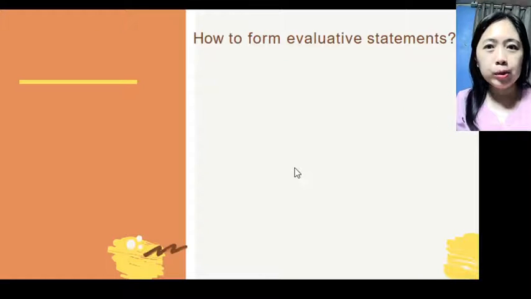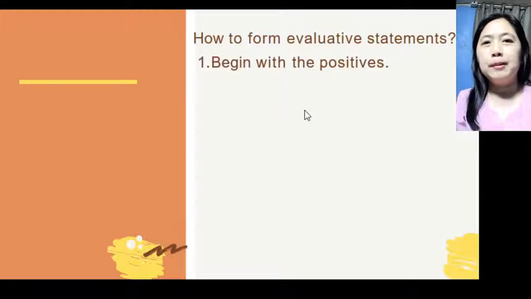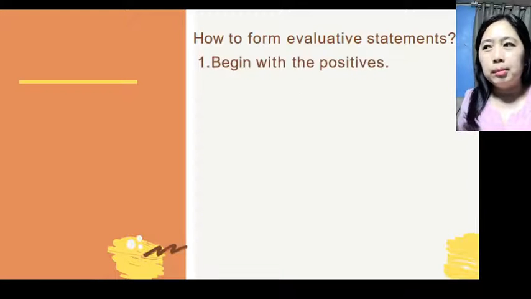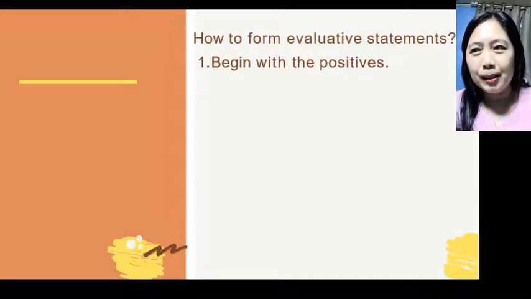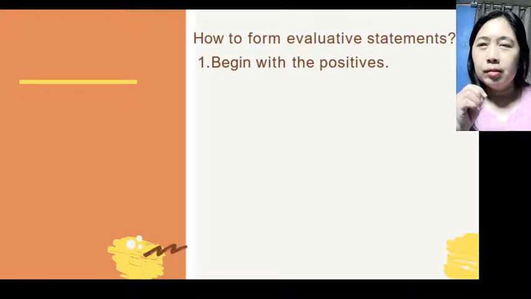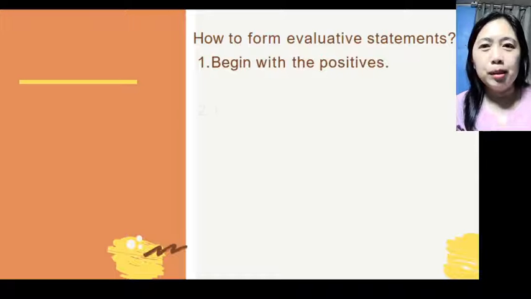So, how to form evaluative statements? We have here steps. You begin with the positives. Isugod ka sa nindot. Sa inyo bitaw na obserbaran ka ng mga contest nga parehas anang PGT, Pilipinas Got Talent. Ang mga judges, nindot imuhang tingog. Mag-start siya ka og positive, di ba?